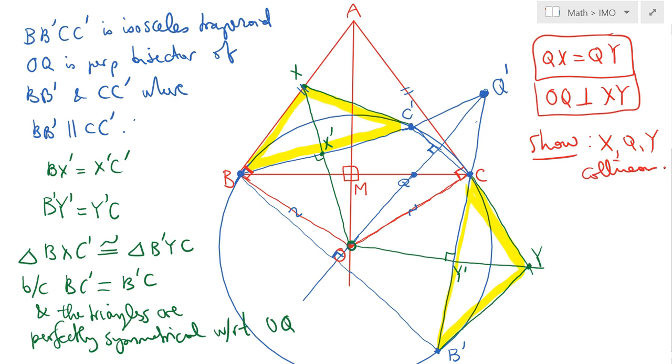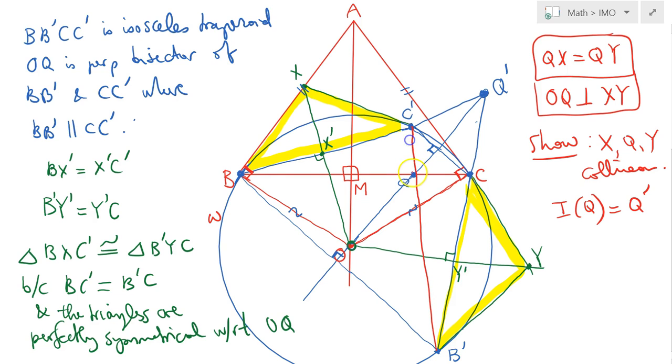For this, I will resort to inversion with respect to our circle here, our circle omega, and it is quite simple to observe a couple things. First of all, the inversion will take the point Q to Q prime. And the reason is quite simple, because Q is at the intersection of the diagonals of our isosceles trapezoid.